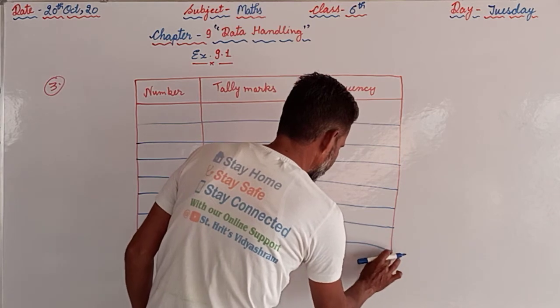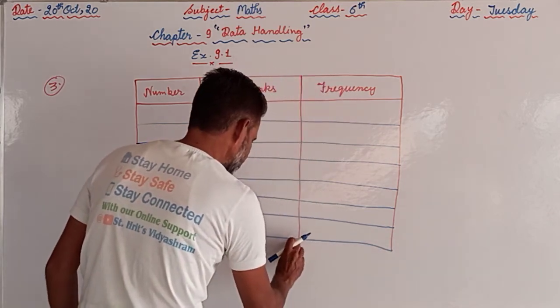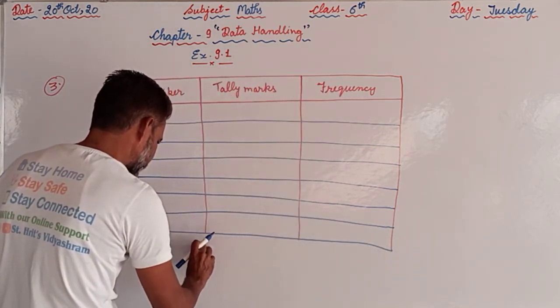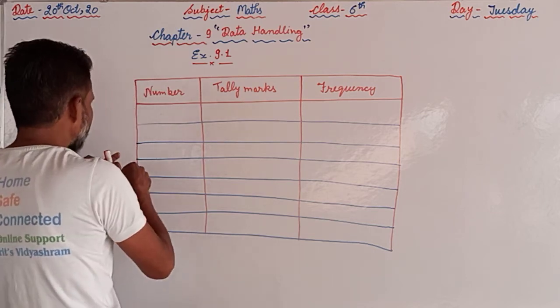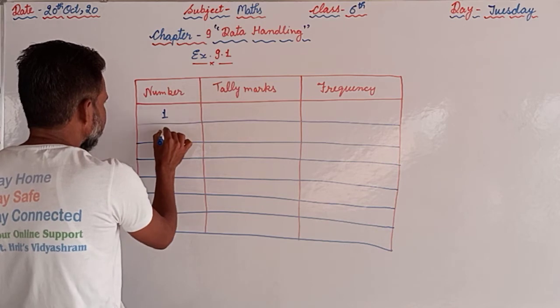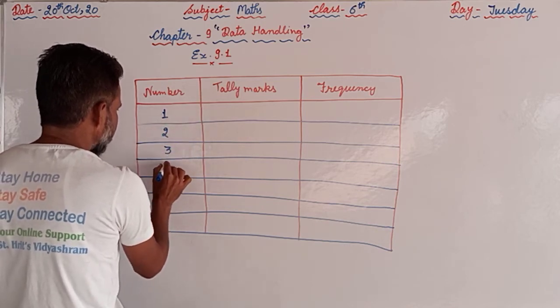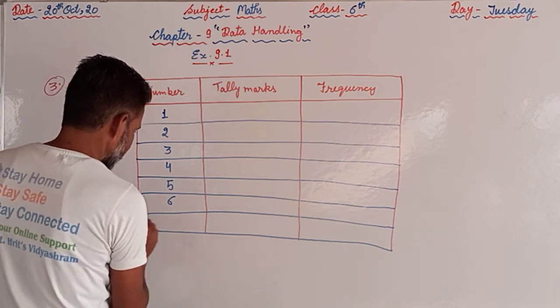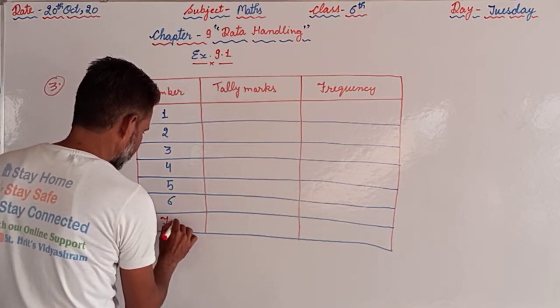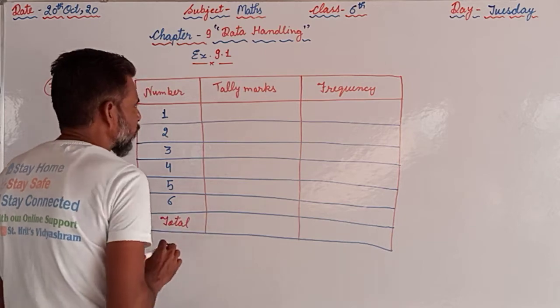So 6 are the observations, and the last one is for the total. The number of observations will be either 1, 2, 3, 4, 5 or 6, and in the last column we are supposed to find the total.